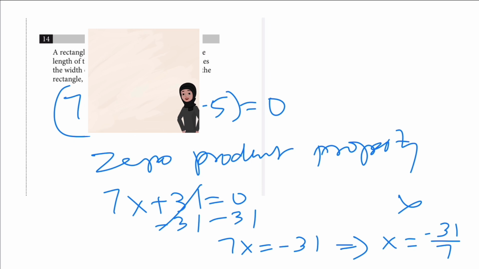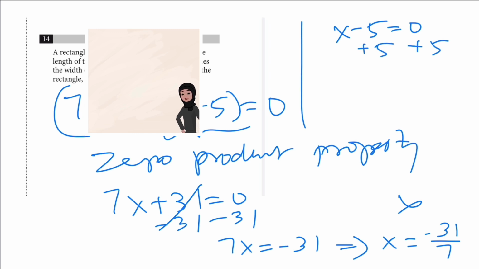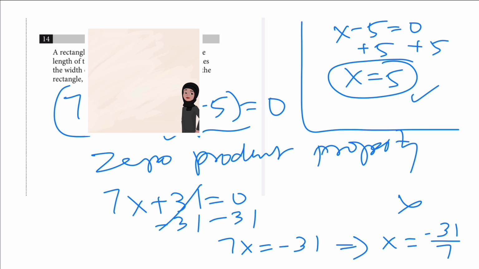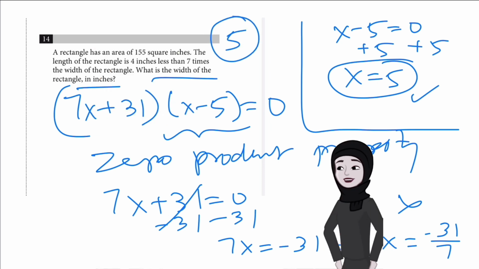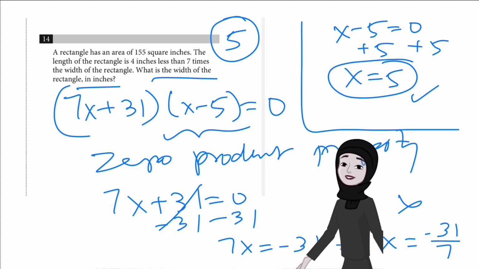But width cannot be a negative value. So we will use the other factor, x minus 5 is equal to 0, and then add 5 to both sides. So we will get x is equal to 5. So this will be our answer. The width of the rectangle in inches will be 5. So 5 is the answer, 5 inches.